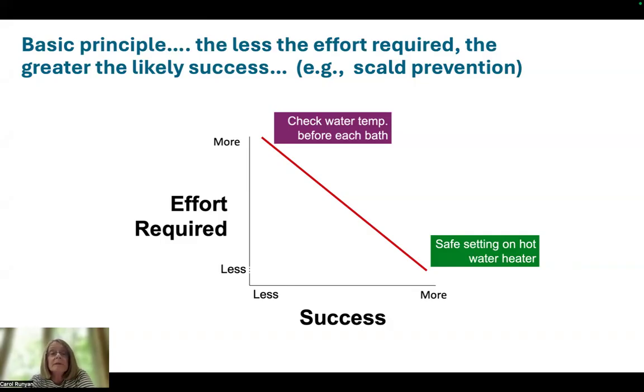So this is a very simple example of how there's more success when less individual effort is required. We can't always do that, but it's something to aspire to when possible.